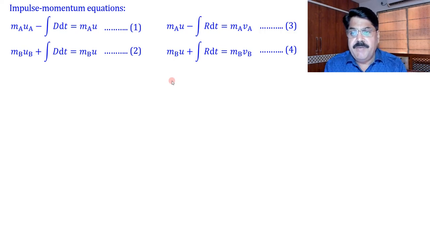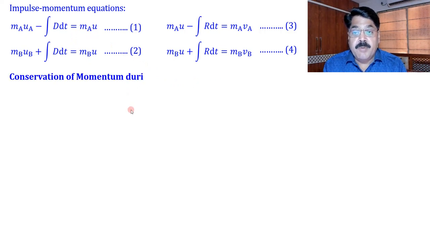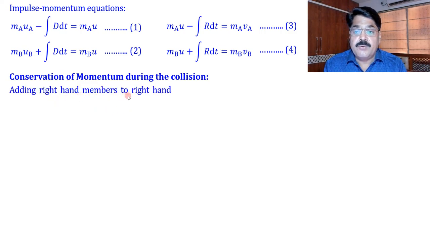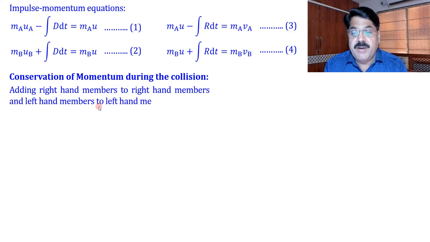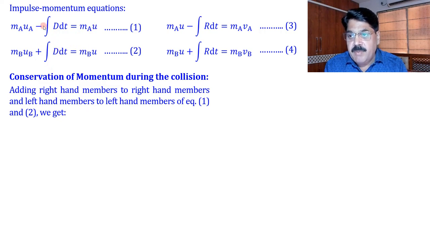But let us see, can we arrive at this with the help of these four equations? Conservation of momentum during the collision. Adding right hand members to the right hand members and left hand members to the left hand members of equation 1 and equation 2, what do we get?